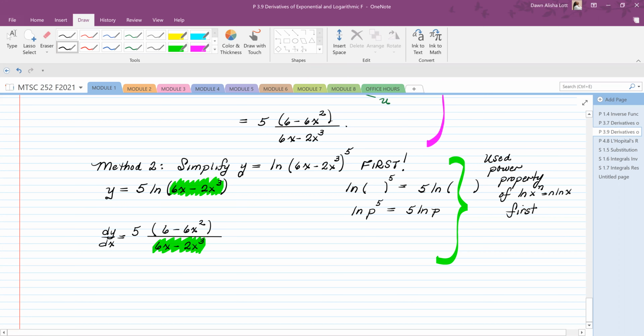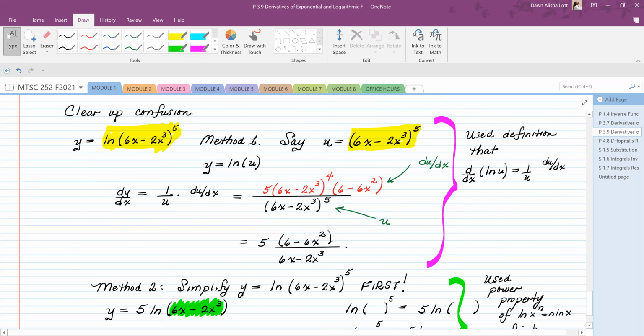Because if this thing inside here is really hideous, like when we had the quotient rule, then I would have to not only put that thing in the denominator, I would have to do a hideous quotient rule. I'm trying to avoid that and make my life easier. So I simplify the problem before I take the derivative.